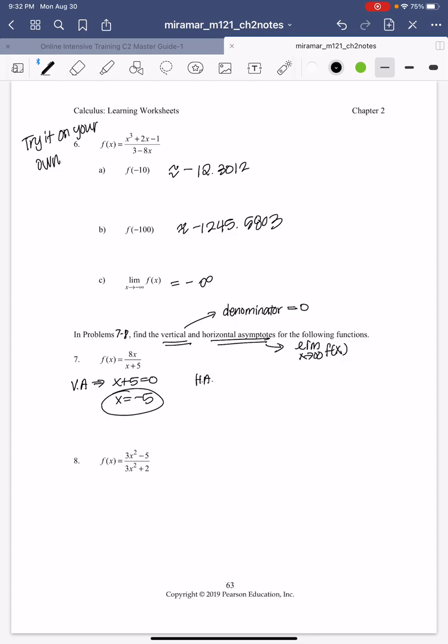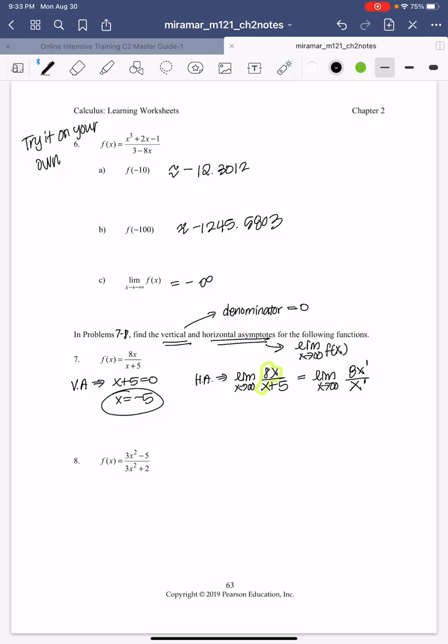Horizontal asymptote will be finding the limit of 8x over x plus 5. Again, I only care about the leading term. So I'm just looking at the limit as x approaches infinity of 8x over x.